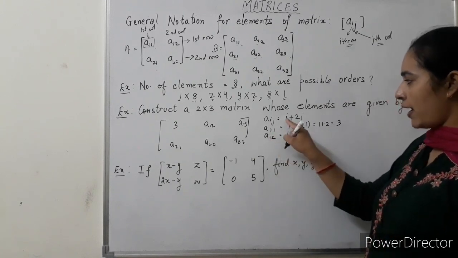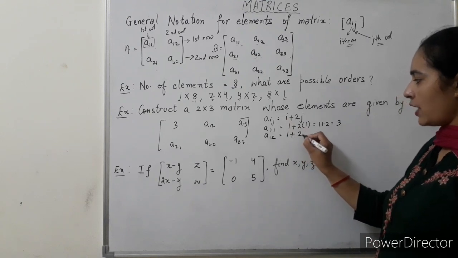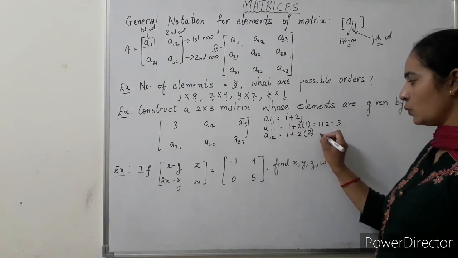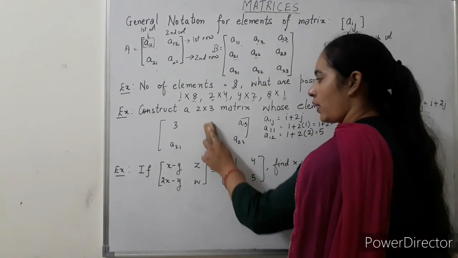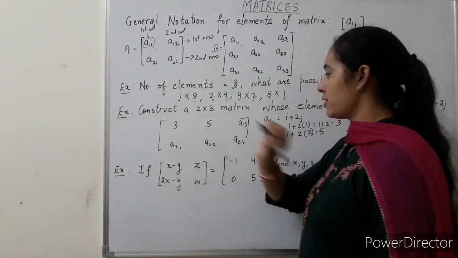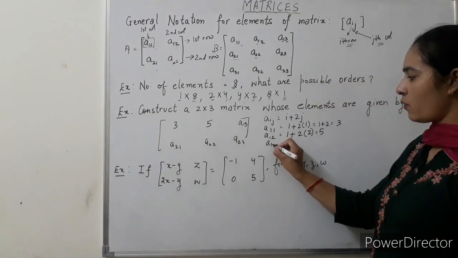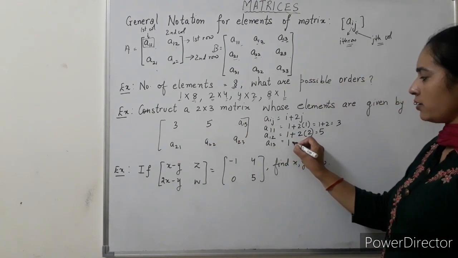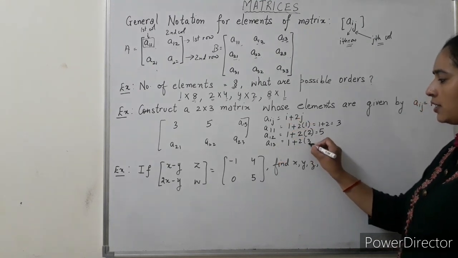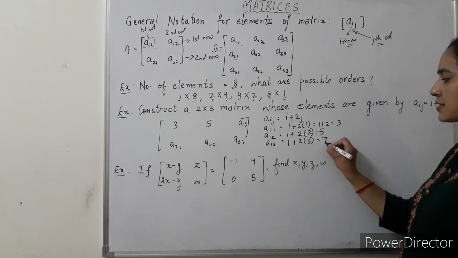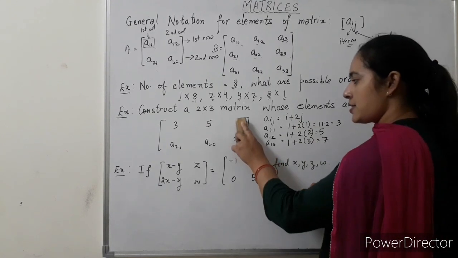Substitute the value of i is equal to 1 and value of j is equal to 2, that is 1 plus 4, 5. So we have to write 5 here. Next is A13. This is 1 plus 2j. Substitute the value of i and j equal to 1 and 3. This is 1 plus 6, 7. So here is 7.